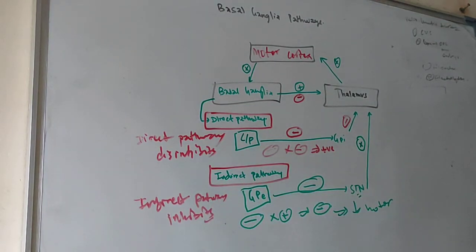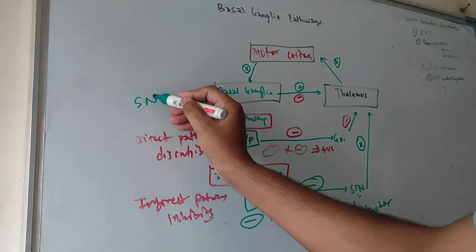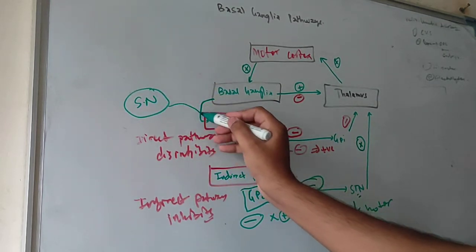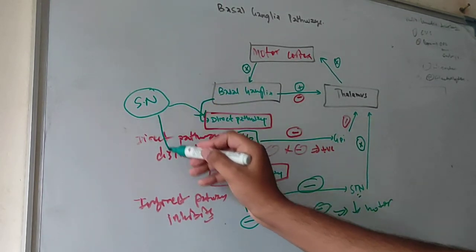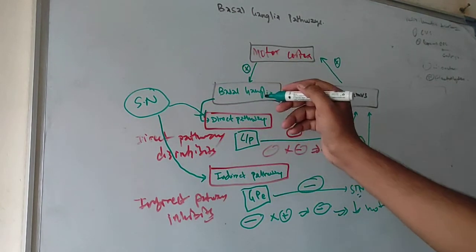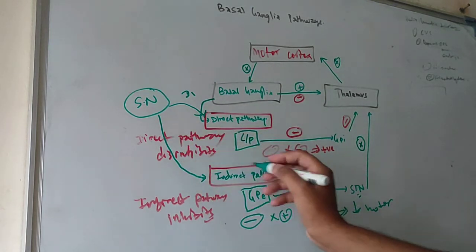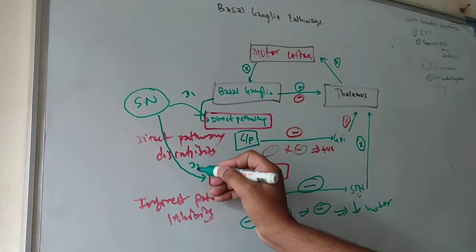The clinical significance of this pathway is that whenever there is Parkinson's disease, there is decrease or damage to the projections from the substantia nigra to the direct pathway and to the indirect pathway. Normally, the direct pathway is stimulated by the D1 receptor and the indirect pathway is stimulated by the D2 receptor.